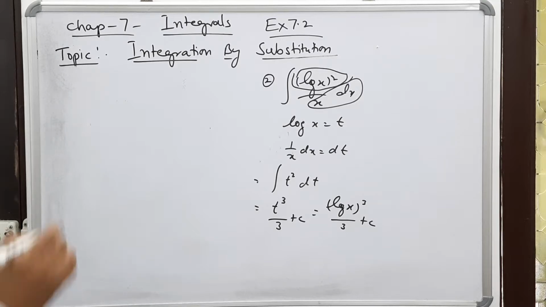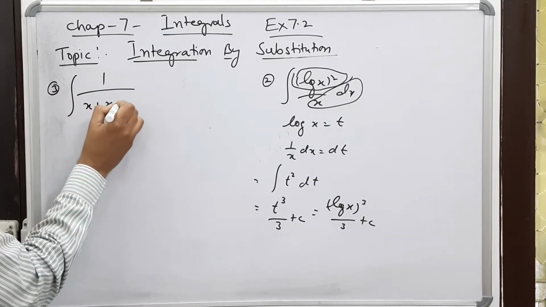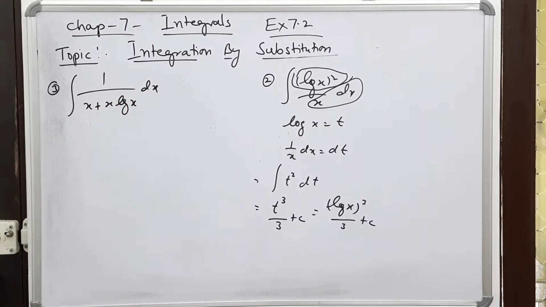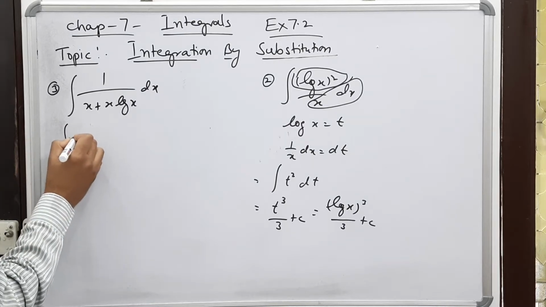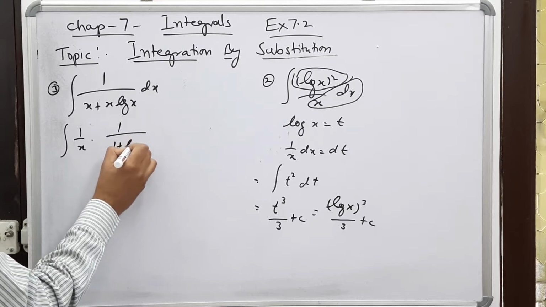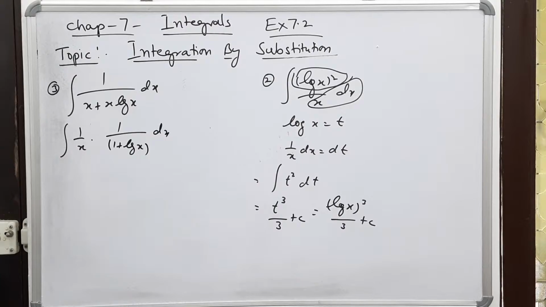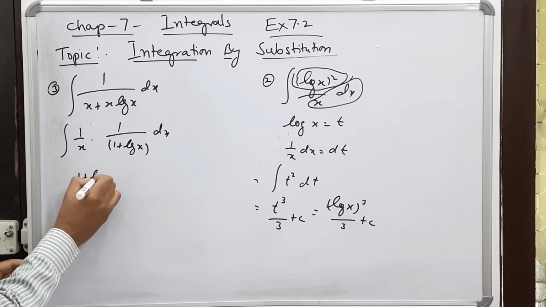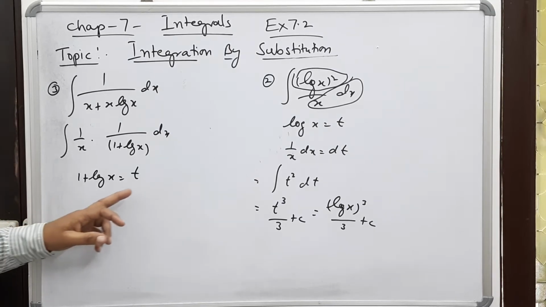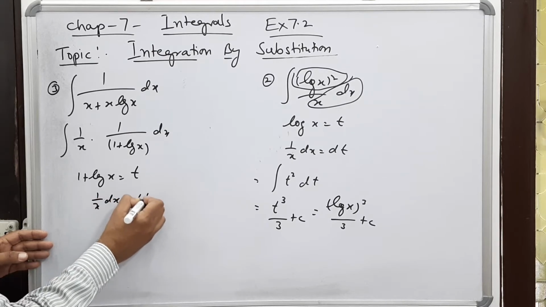The third problem, 1 upon x plus x log x dx. See this problem. In this, if I take x common, then 1 upon x and 1 plus log x dx. And here 1 plus log x I can take as t. So if I take 1 plus log x as t, the derivative 1 upon x dx will be dt.